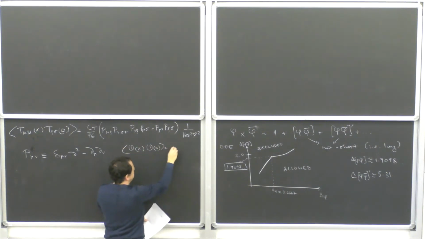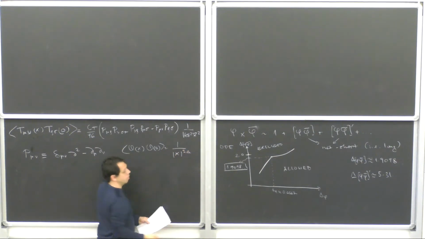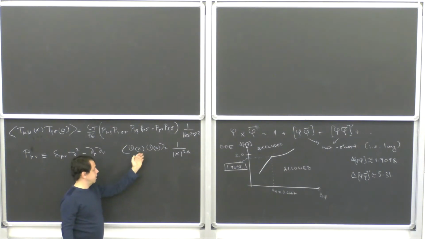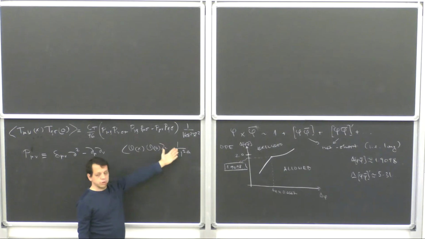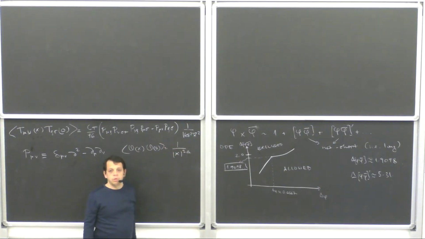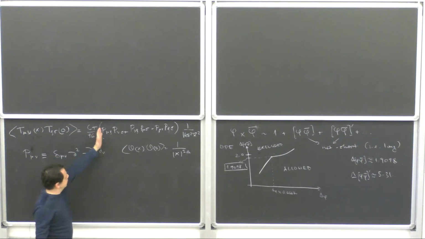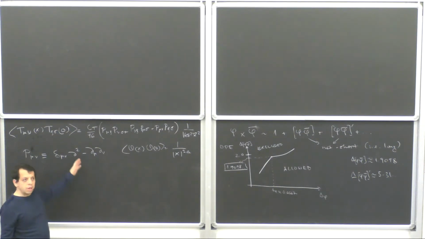Just to remind you, you have an operator O at point X and an operator O at point 0. It's the same operator, the dimension is equal to delta, and then the two-point function is just 1 over the distance to the power 2 delta. For operators with spin, this structure is more complicated, but completely known. It fits on one line, 1.5 lines.